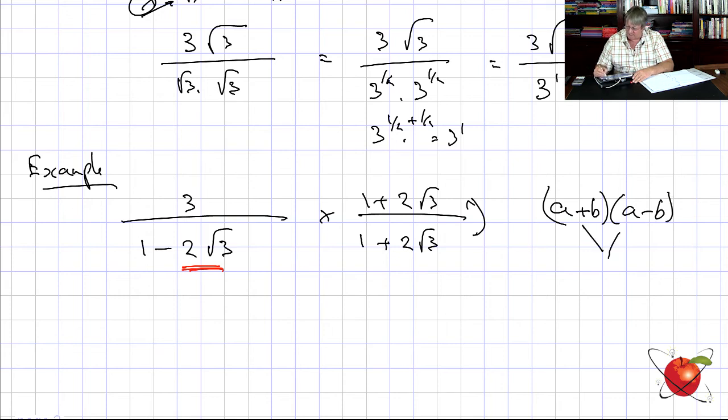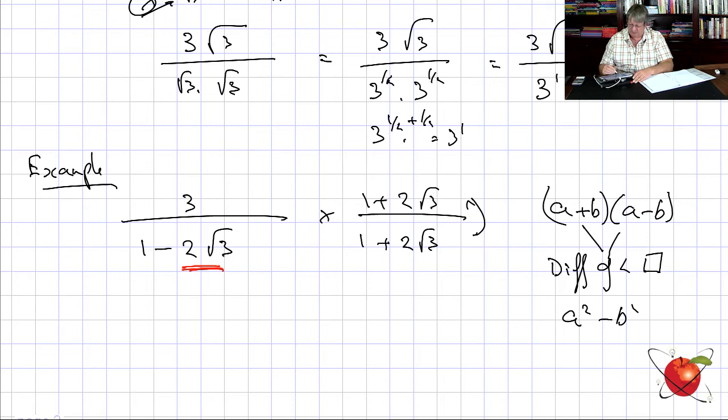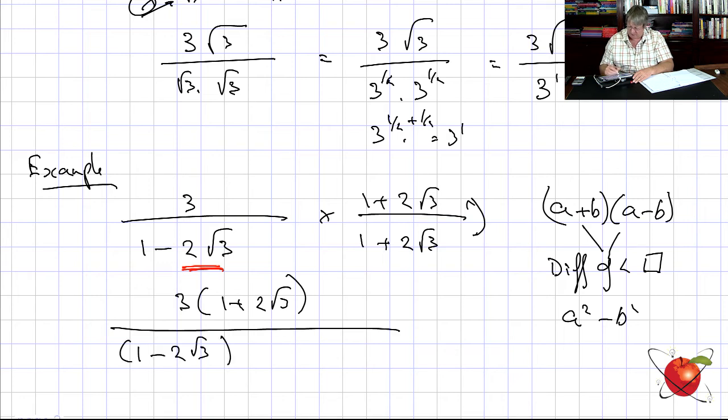We know that that is the difference of 2 squares. That comes from a squared minus b squared. That's actually what we're doing here. Let's do it. On top, we end up with 3 times 1 plus 2 root 3, all over 1 minus 2 root 3 times 1 plus 2 root 3.